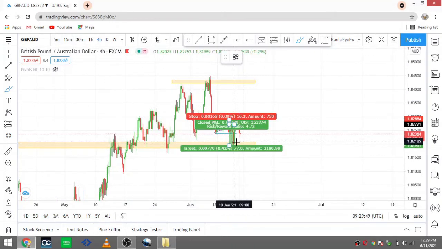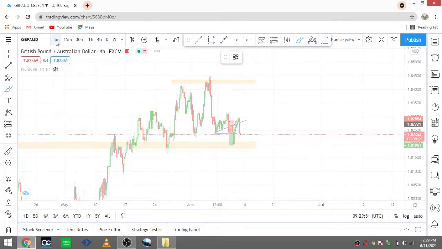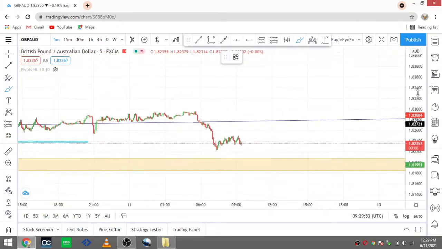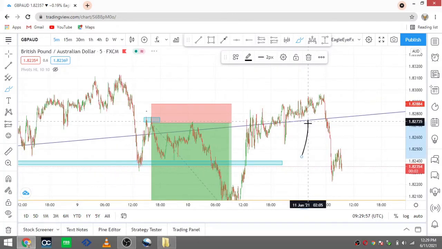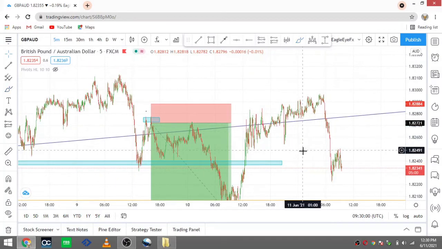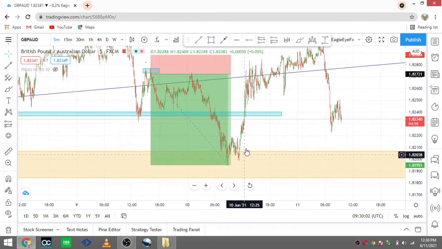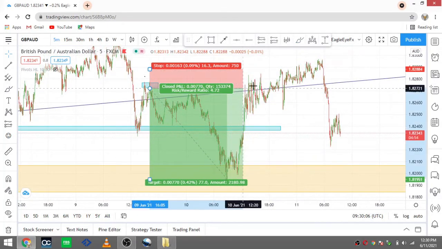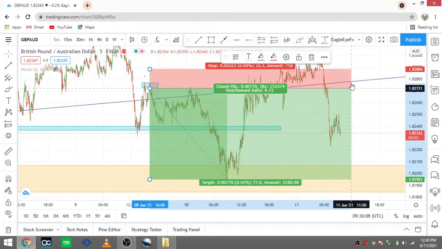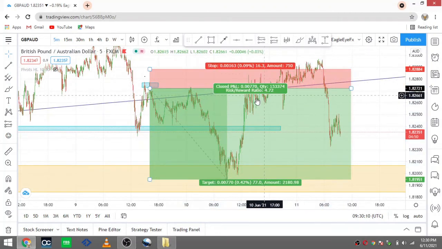All right, so that is the reason why I exited at that particular point, and you can see that after that, the market came back, and if you could have still been holding, you see that you could have been stopped out, because you see it came all the way up and came to hit our stop loss.